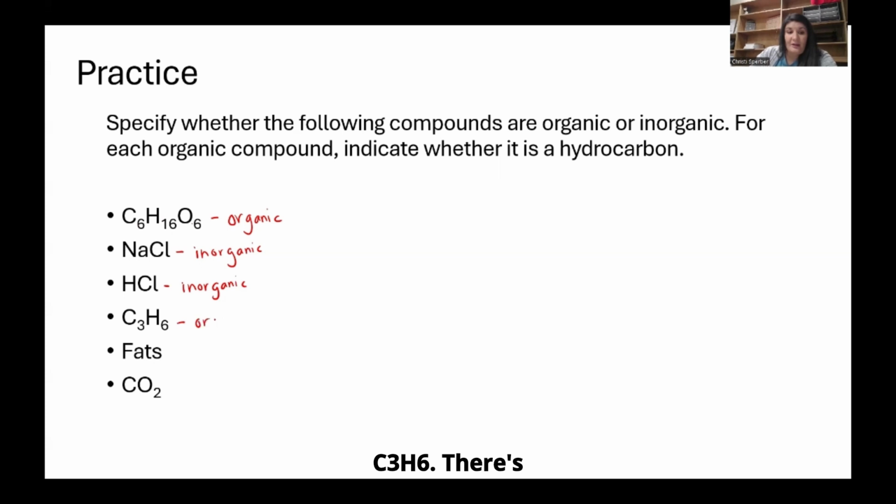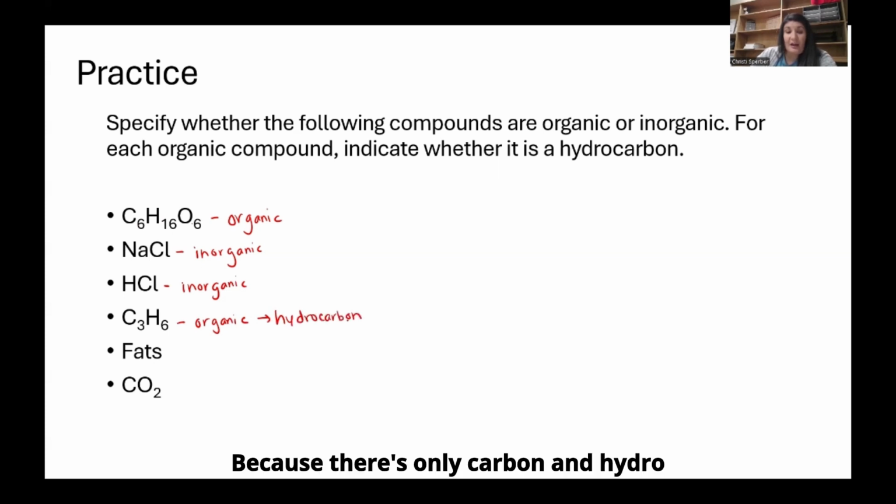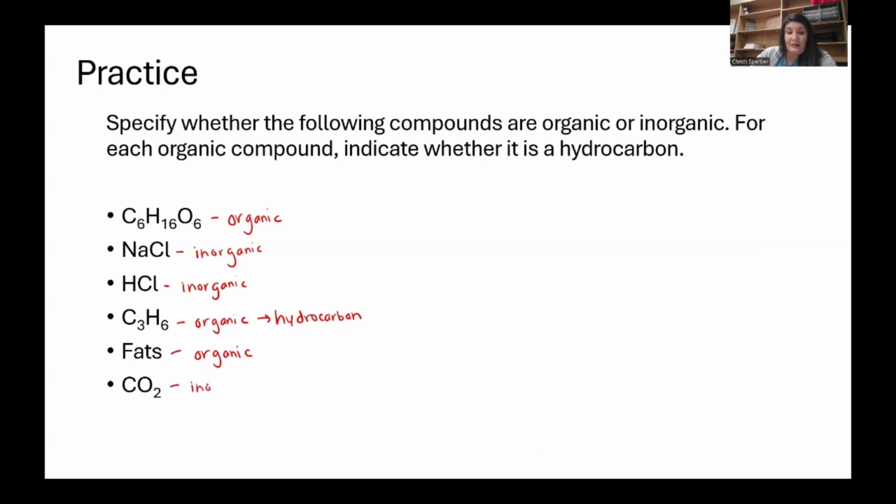C3H6, there's carbon in it. This is organic, and it's a hydrocarbon because there's only carbon and hydrogen in it. Fats are organic. They have carbon, hydrogen, and oxygen in them. And CO2, even though it has a carbon in it, it is not organic. It is inorganic.